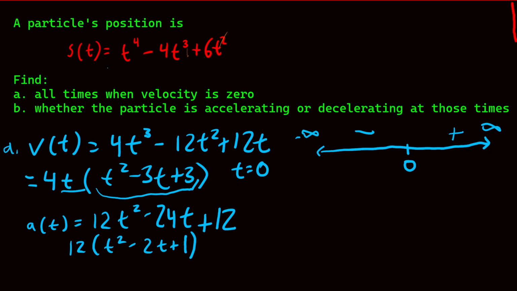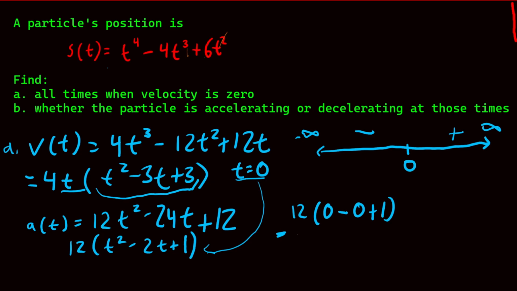So it's asking whether the particle is accelerating or decelerating at those times. So at the time when the velocity is 0, we said that t equals 0. We didn't really need to do our sign graph, but still good practice. So let's plug it in and see if the acceleration is positive or negative. If I plug in 0 here, I'd get 12 times 0 minus 0 plus 1.